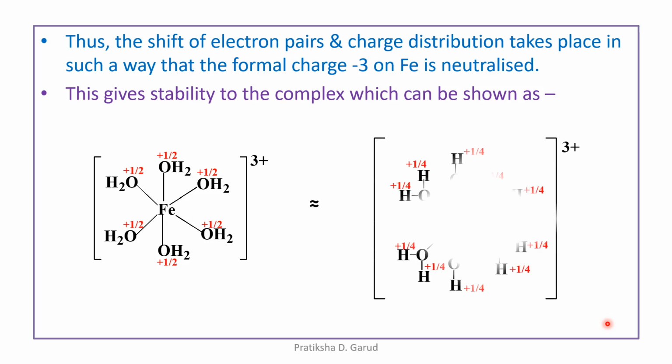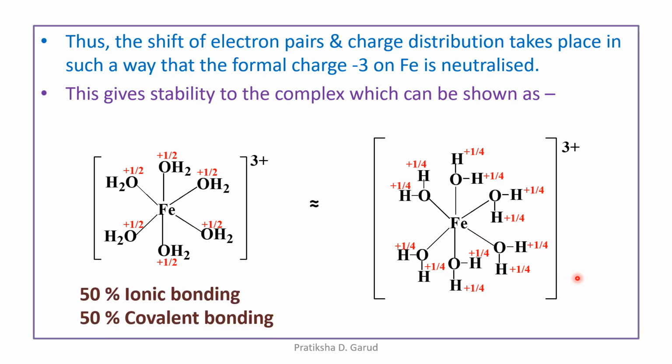Then in the second structure there are 12 hydrogen atoms, and each hydrogen atom gets +1/4 formal charge to make the adjacent oxygen atoms neutral. So in this way, the residual charge on the Fe is neutralized, which is called the electroneutrality principle. Here it is 50% ionic and 50% covalent bonding, due to which the residual charge becomes zero.